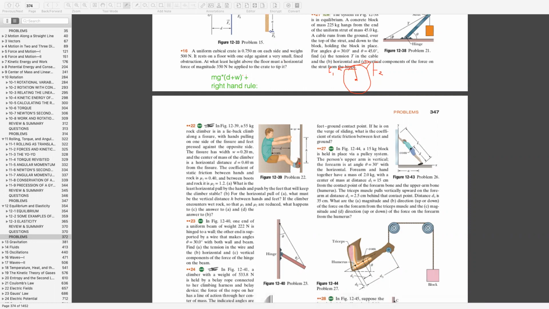I'm not getting that one because it's saying here that... Oh, I see. It's picking the top point away from the hands as the moment to be calculated.